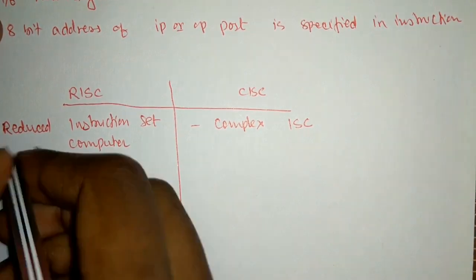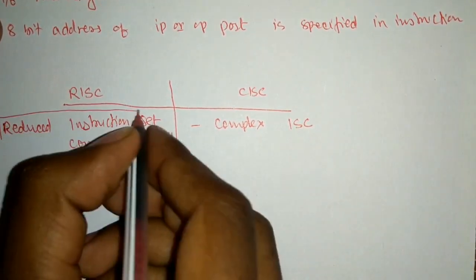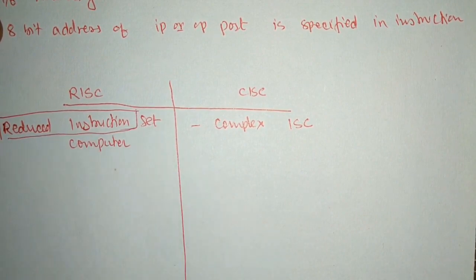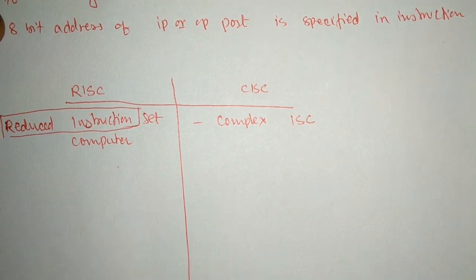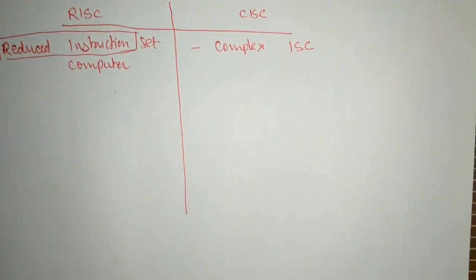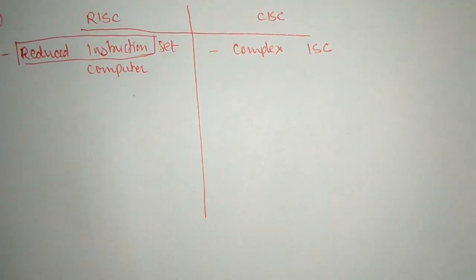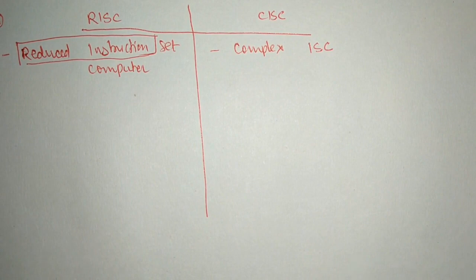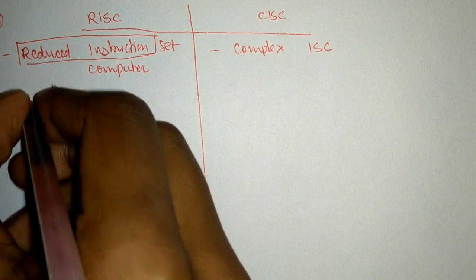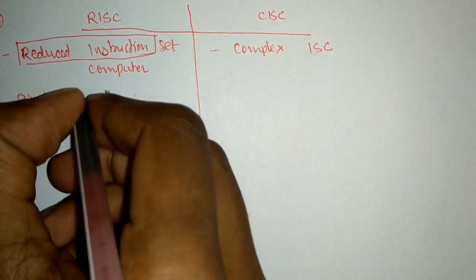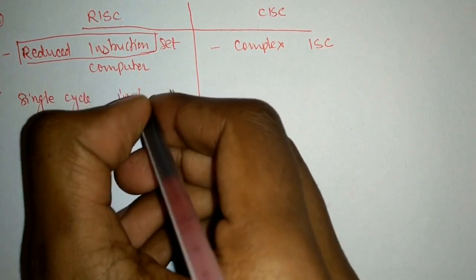When I say reduced instruction set, it basically means that the instructions will be made shorter. We are not reducing the overall number, we are just making them shorter in size so that they can be executed a little faster. It is a single cycle instruction, meaning in every cycle we execute an instruction.